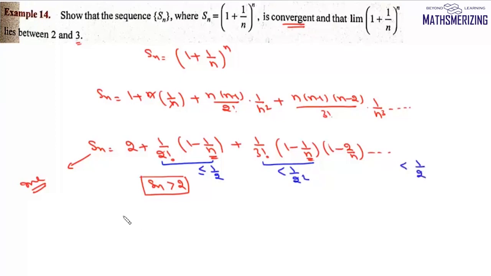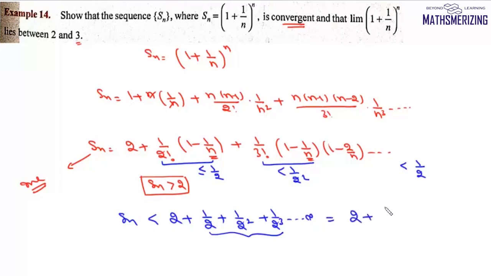So from this we can write this S_n will be less than 2 plus 1 by 2 plus 1 by 2 square plus 1 by 2 cube up to infinity. This is nothing but an infinite GP. We can write this as 2 plus a upon 1 minus r, which is 3.